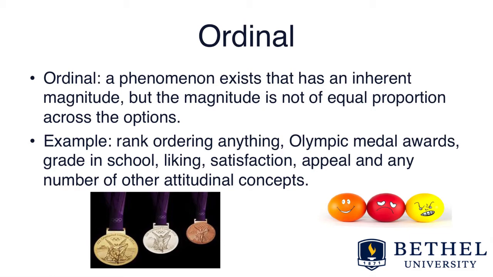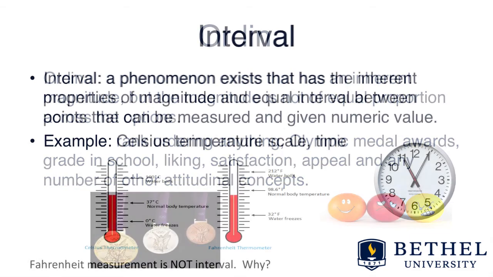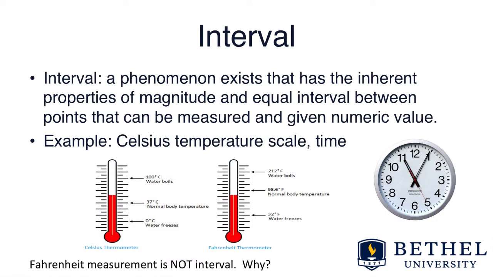The third way that we measure phenomena, or the third type of scaling that you would see in a phenomena, is what we call interval. Interval is when a phenomenon exists that has inherent properties of magnitude and equal interval between the points that can be measured and can be given a numerical value.